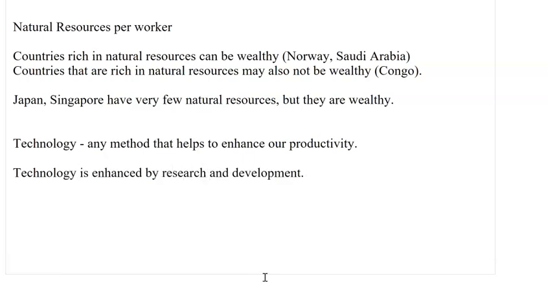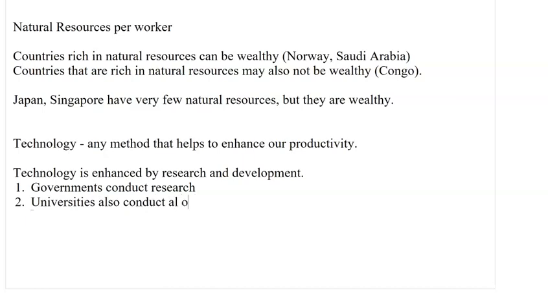In America, governments conduct research. There are many government institutions that specifically do research in the US. Universities also conduct a lot of research. And then finally, companies conduct a lot of research.